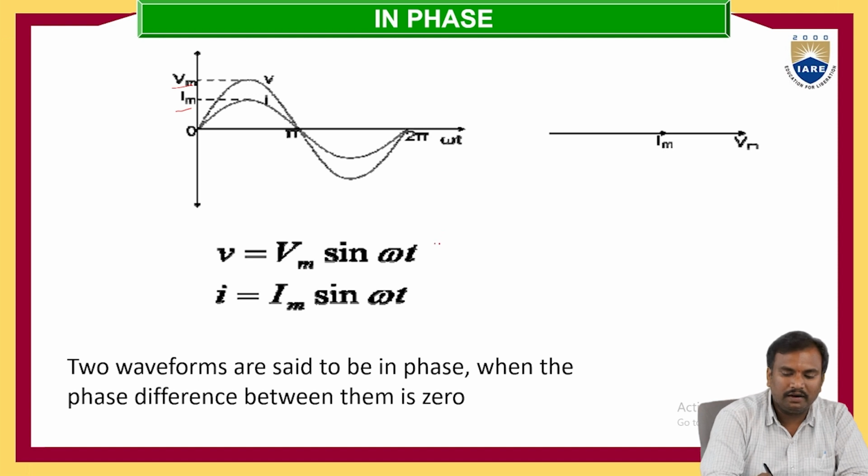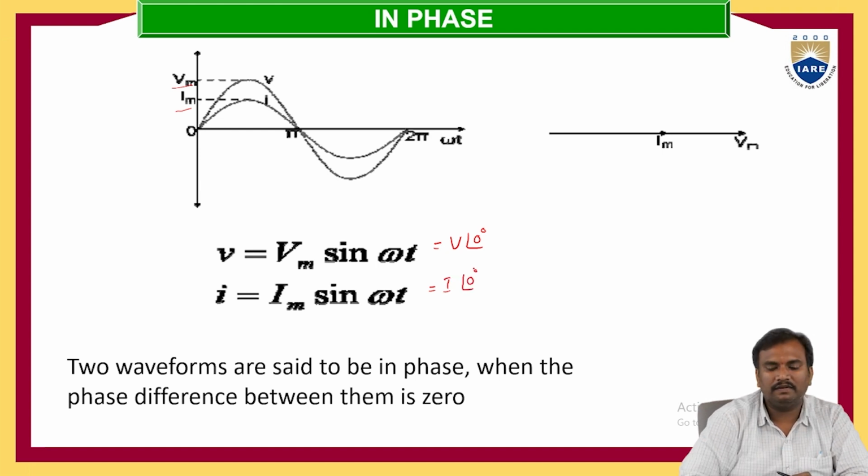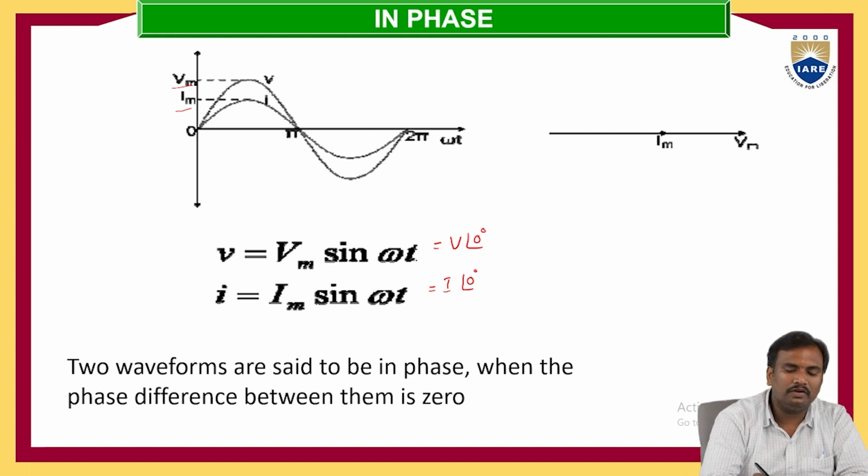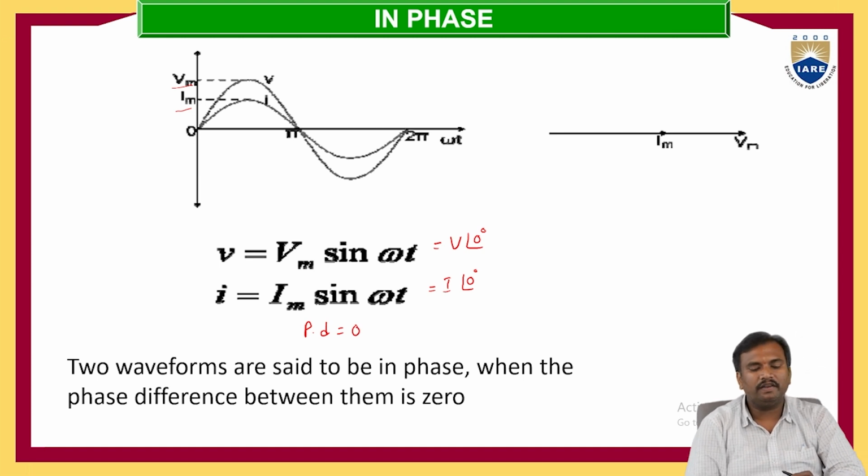We can write V at an angle 0 degrees and I at an angle 0 degrees. The phase difference is theta 1 minus theta 2. Here theta 1 is 0, theta 2 is 0, so the phase difference is 0.